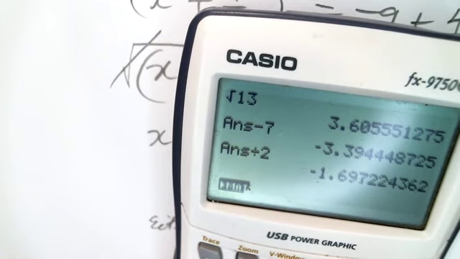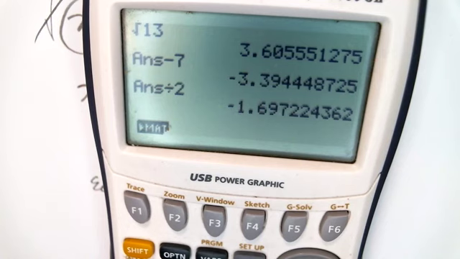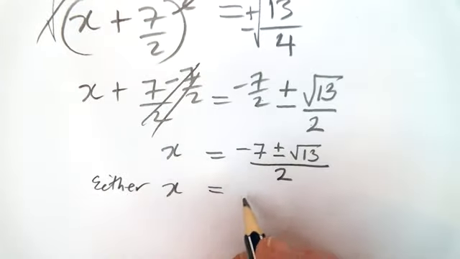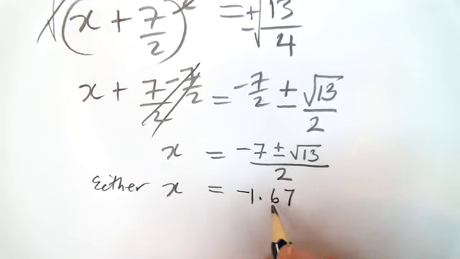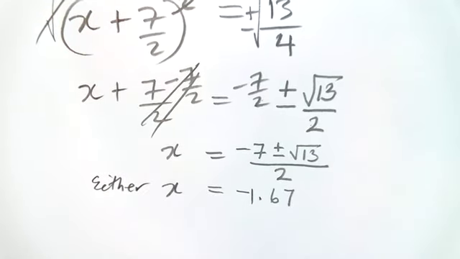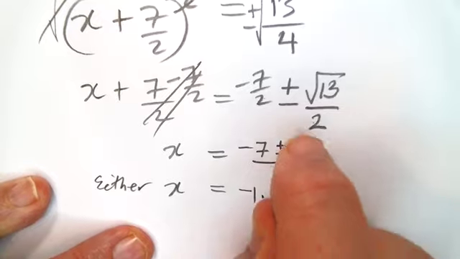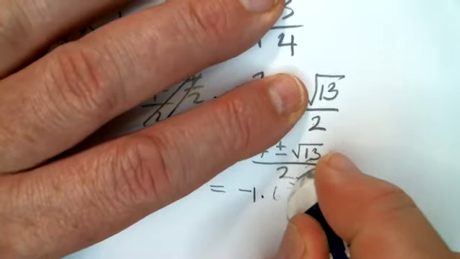I got 1.697. So this is 2dp, so I'm going to call it 1.67. I think, yeah, 1.670. So it's going to be negative 1.6. Oh, what am I doing? 1.7, oh crikey. Where's my rubber dog? Oh, here we go. Yeah. 1.7. 1.69 becomes 1.7. My bad.